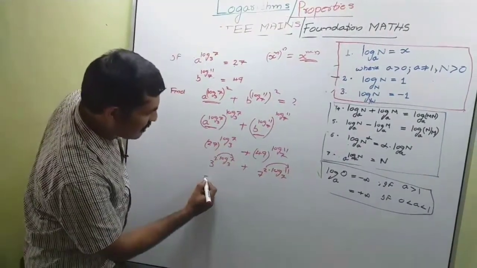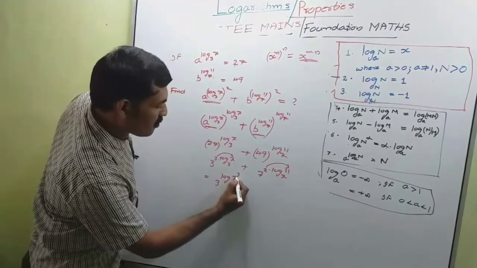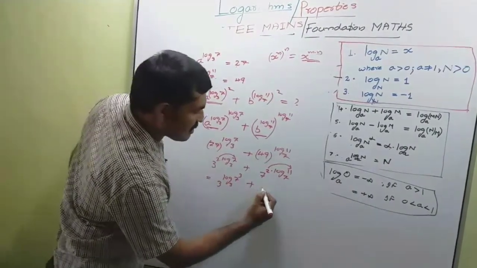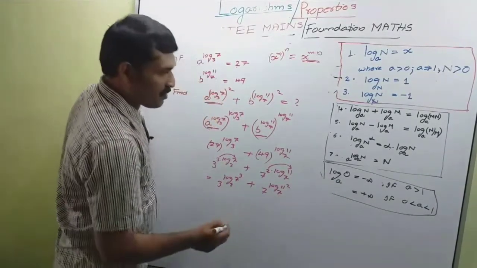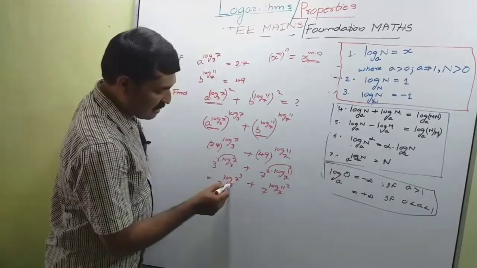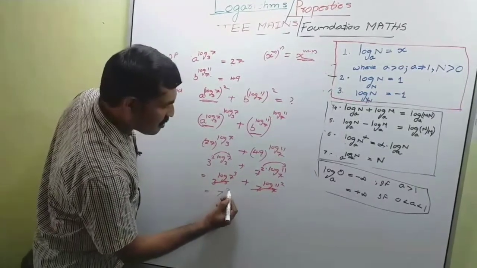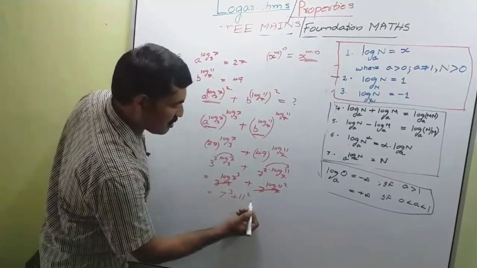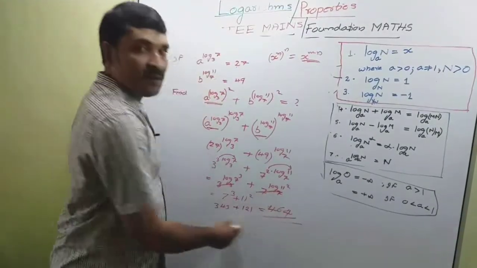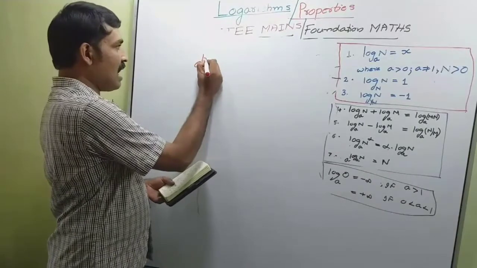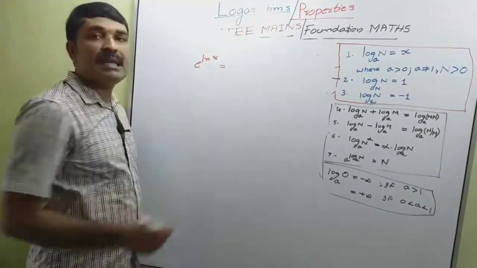So this can be written as 3 raised to log 7 cube base 3, plus 7 raised to log 11 square base 7. And using this property, 3 and 3 get cancelled, 7 and 7 cancel. So this is equal to 7 cube plus 11 square. That is equal to 464.